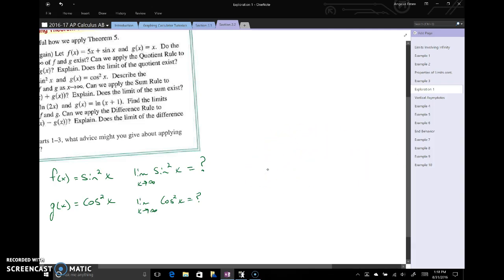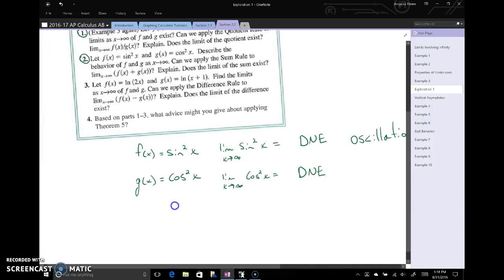So in this case, we would say the limit does not exist for both sine and cosine because of this. And the reason is oscillation, which means that it's bouncing between two values forever. It's never going to stop. It's never going to approach a number. It's just going to keep bouncing between two numbers. So those limits don't exist.